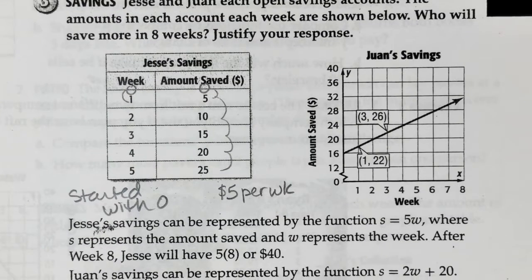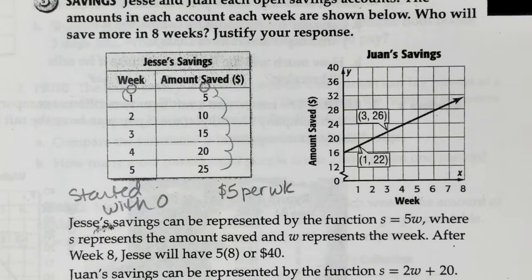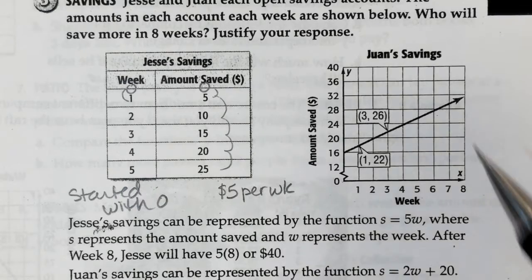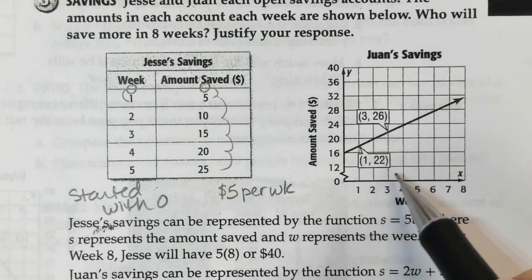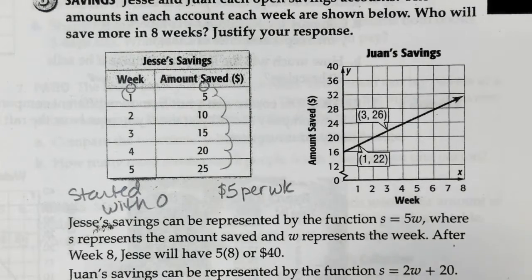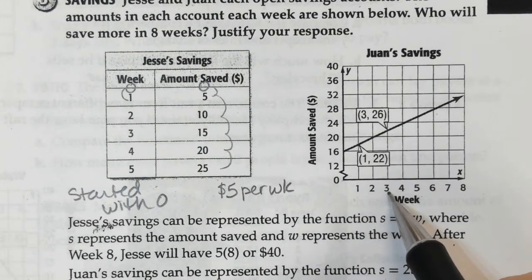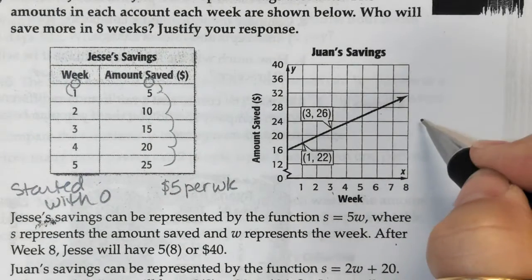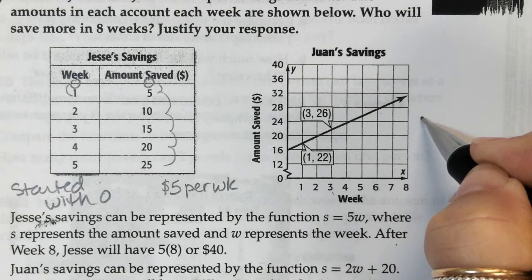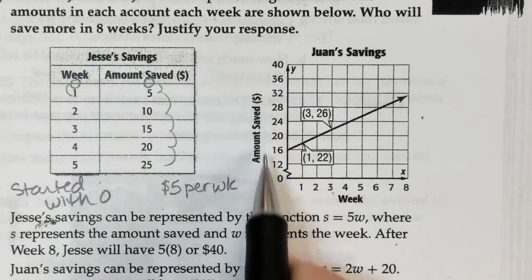Now look at the graph for Juan's savings. How are we going to find out how much he is saving each week? This is going from week 1 to week 3. So we might have to do our slope formula on this one. You can, but see the y is not counting by ones.